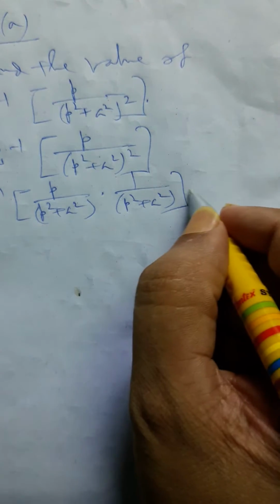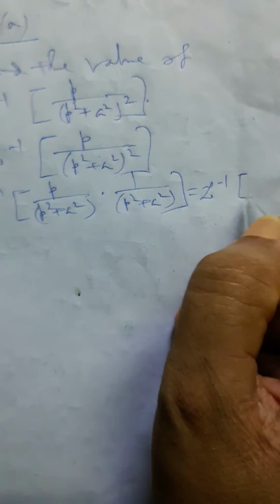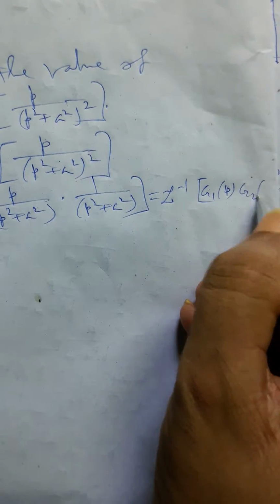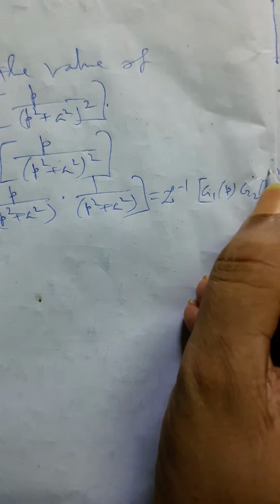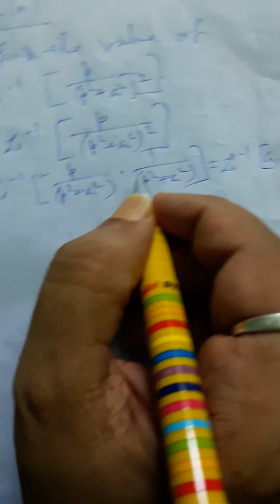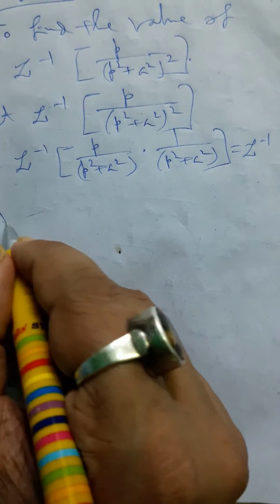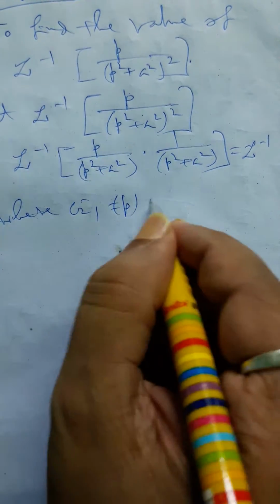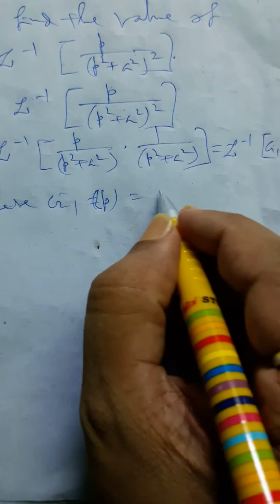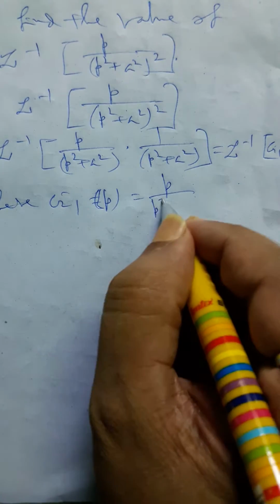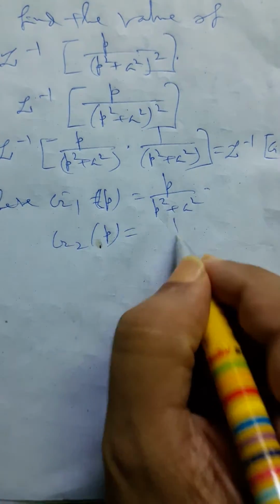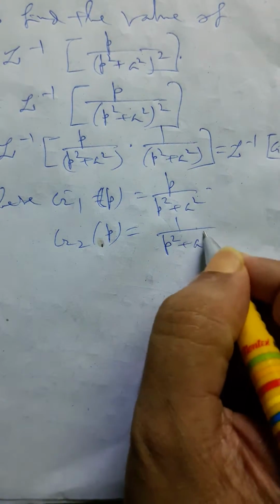So it is obviously clear it is L inverse of g1(p) and g2(p), if we consider g1(p) to be p by p square plus a square and g2(p) to be 1 by p square plus a square.